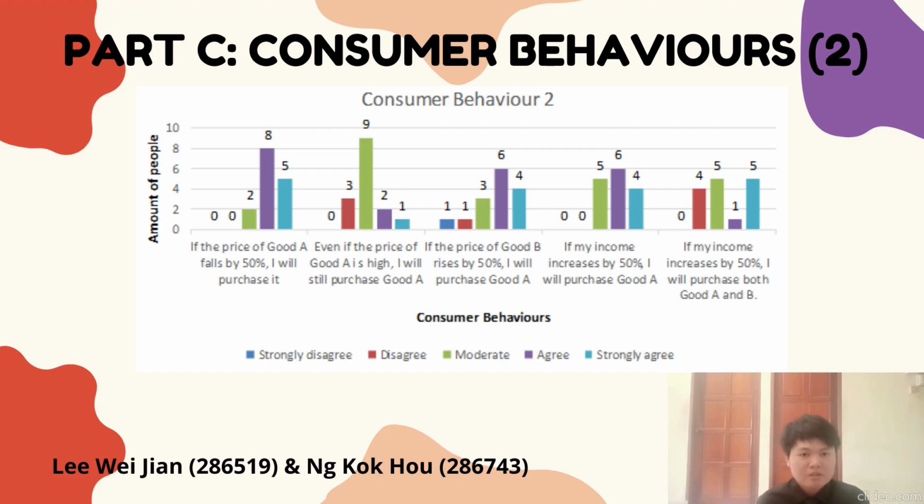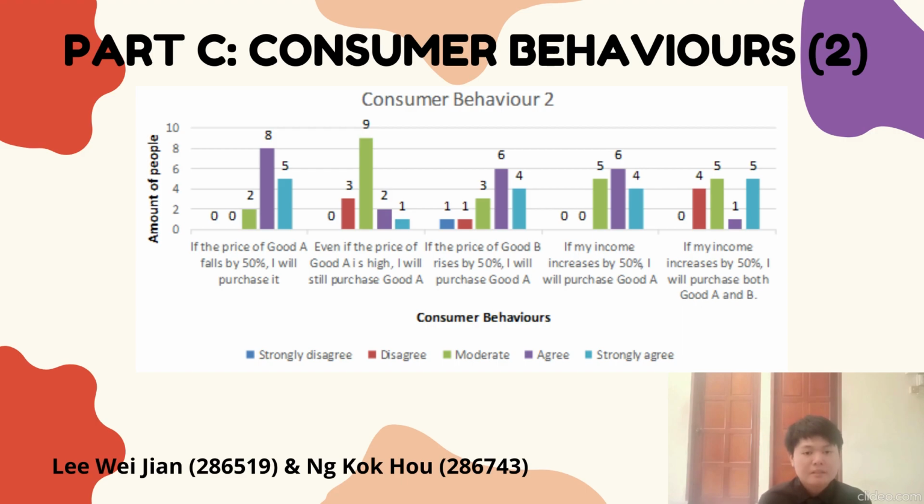This is because respondents consider that Good A is a normal good compared to Good B, which is an inferior good. Customers will buy the normal good when income increases because the normal good has better quality, and customers will reduce purchasing the inferior good, by the assumption of ceteris paribus.